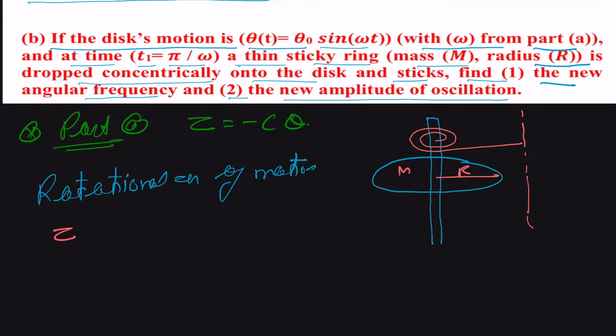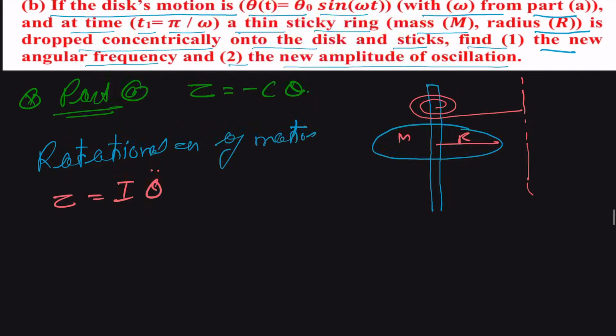Our torque tau will be equal to I multiplied by the double derivative of theta. And we have a solid disk, so its moment of inertia will be equal to half m r squared.